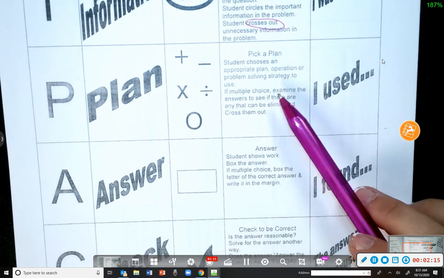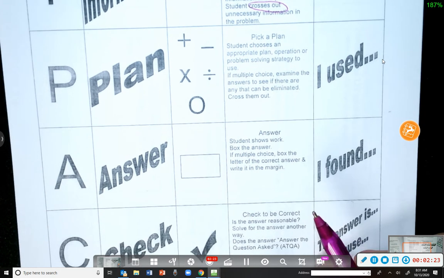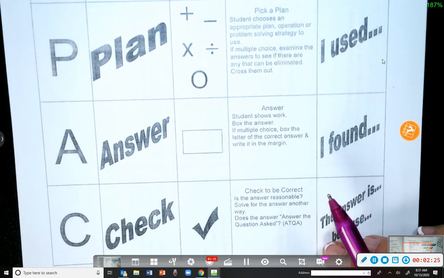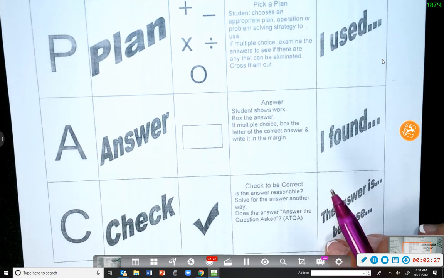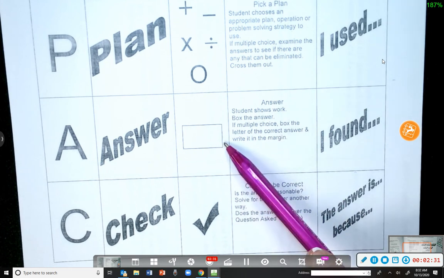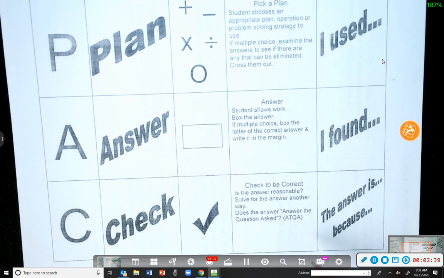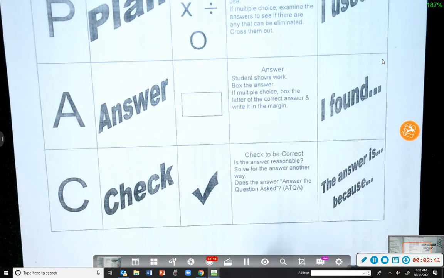If it's multiple choice, then we need to examine the answers to see if there are any that can be eliminated, okay? We already know how to do that. A is go ahead and answer, and in my class, I like to have y'all box the answer. If it's multiple choice, box the letter of the correct answer and write it in the margin, okay?